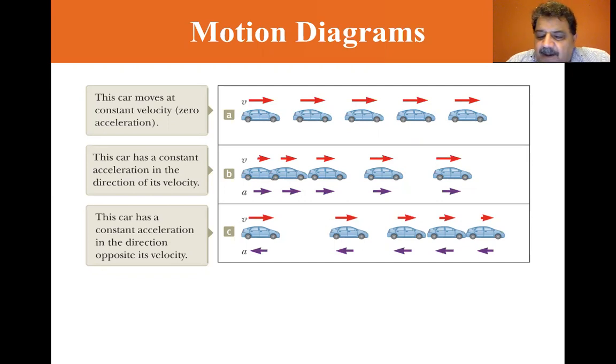Now, figure C: the car slows down as it moves to the right because displacement between the adjacent images decreases with time. The car moves to the right with negative acceleration. Lengths of the velocity arrows decrease in time and eventually reach zero. The acceleration and velocity arrows are not in the same direction. The car is moving with positive velocity but with negative acceleration.